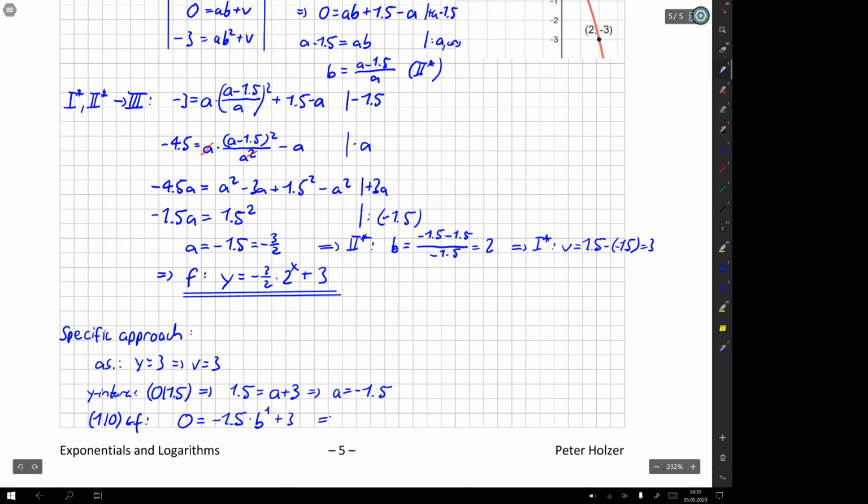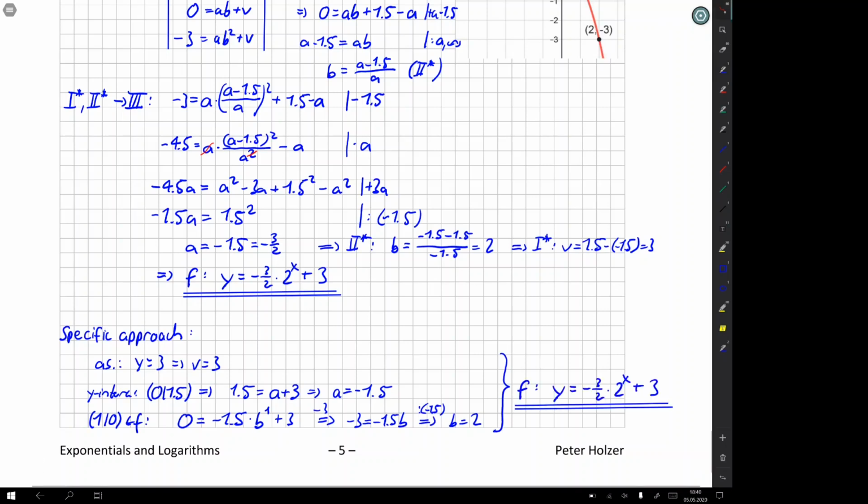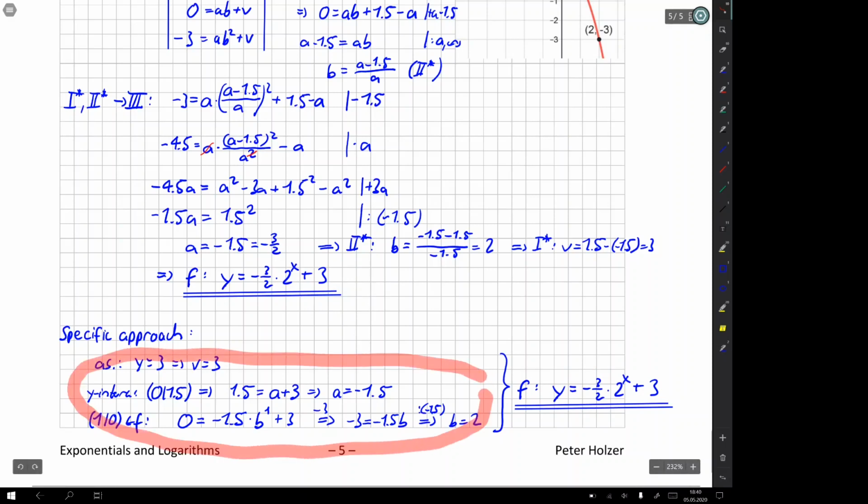So when we do minus 3, we get minus 3 equals minus 1.5b. We have to divide by minus 1.5, and we find b is 2. Putting this all together, we find again the same result as up here: y equals minus 3/2 times 2 to the power of x plus 3. And I think it is obvious that this is much quicker using this specific approach.